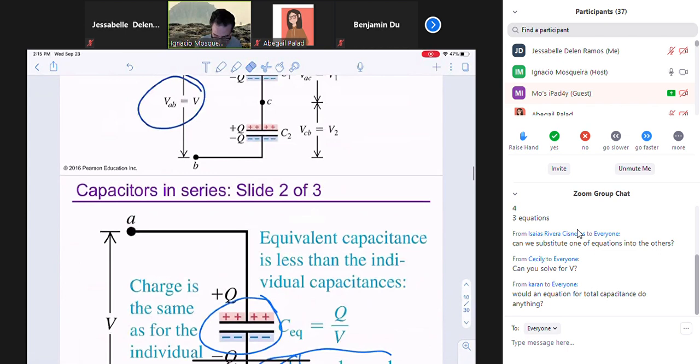V1, like what I was doing before, V1 plus V2 equals V total. V1 is across one capacitor, V2 across the other. Okay, well, but we have C equals Q over V. So I can solve for V and I will get V equals Q over C. So where it says V1, I can put one capacitor. So what would that come out to?